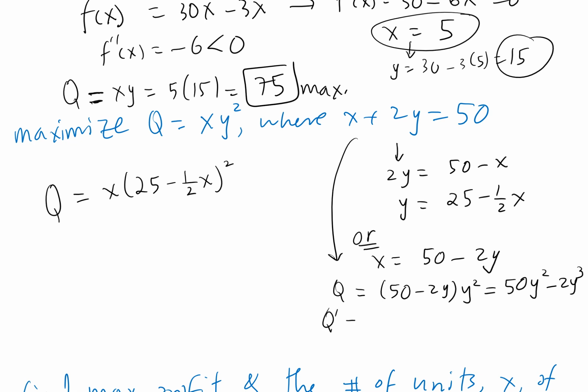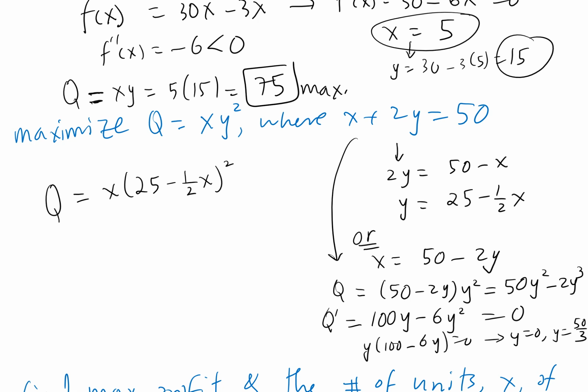Then q prime is 100y minus 6y squared. Take a y out, you get 100 minus 6y. So either y is 0 or 100 over 6, which is 50 over 3.